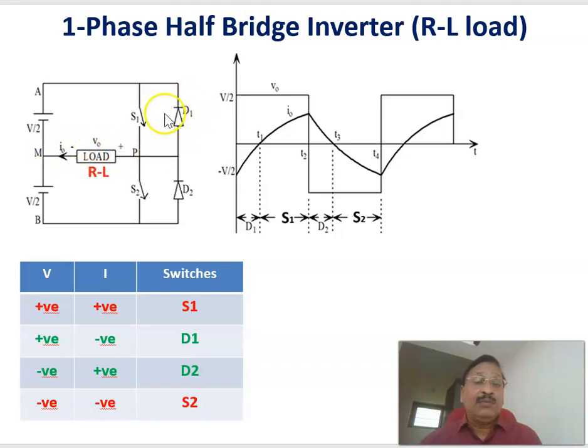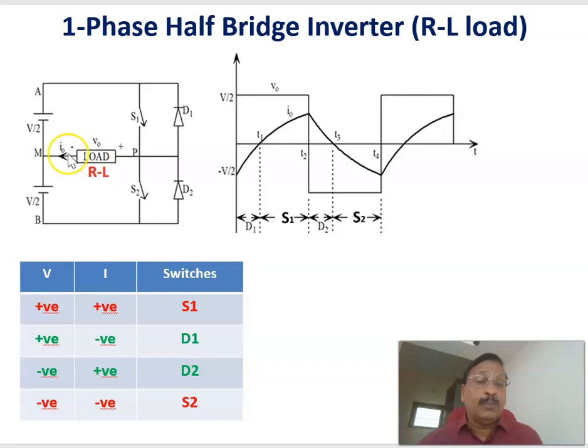Similarly, if this uncontrolled device, diode D1, is conducting, you'll also be getting a positive voltage. Therefore, when either S1 or D1 is conducting, you will be getting a positive voltage across the RL load, with P positive with respect to the center point.